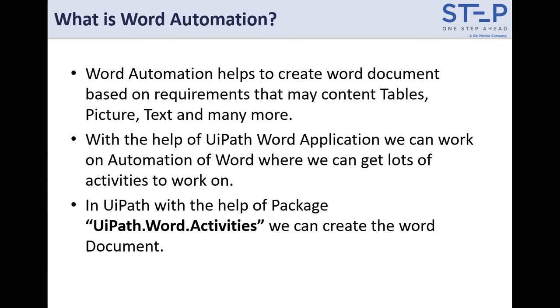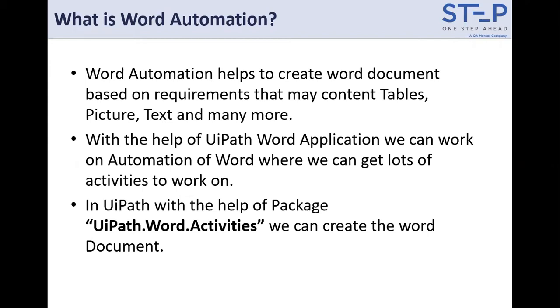UiPath provides many activities for the Word application. For that, we need to have a Word application on the system, and for automation in UiPath you will require a package called UiPath.Word.Activities. With this package we can use Word automation.